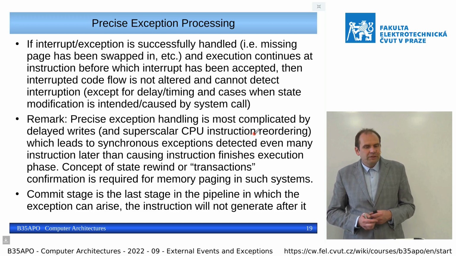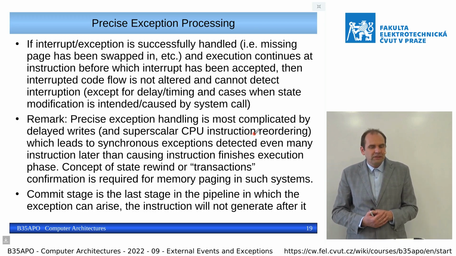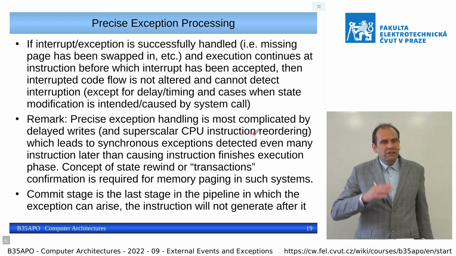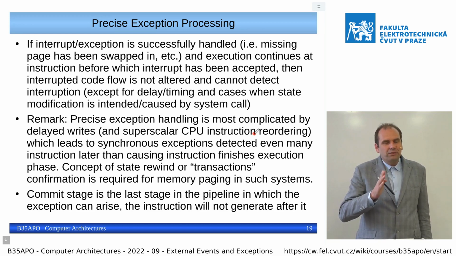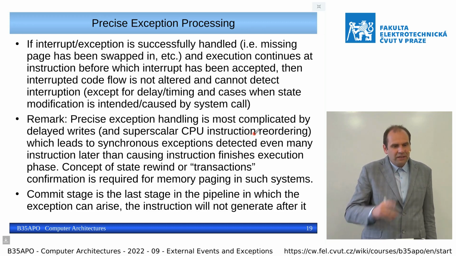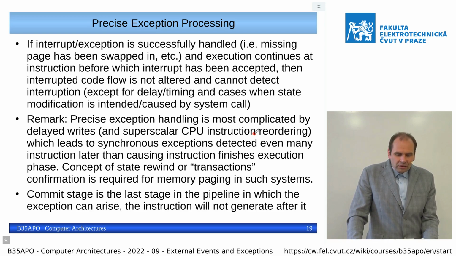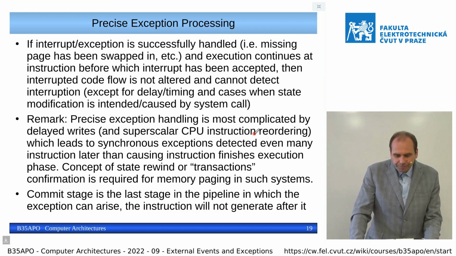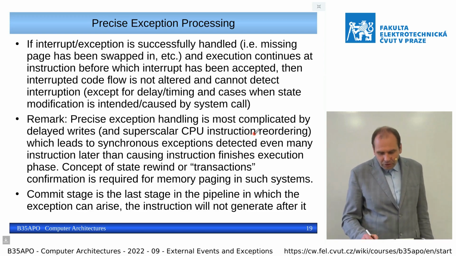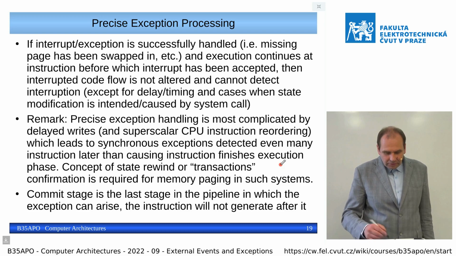So if the exception processing is precise, then you know that your exception processing exactly started on some instruction boundary, or that this one is the last which has been attempted but not finished. So it allows the operating system to correct the situation and continue later after the correction. So it is very important.